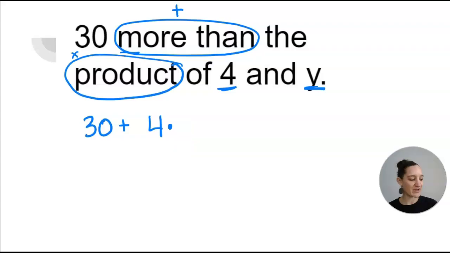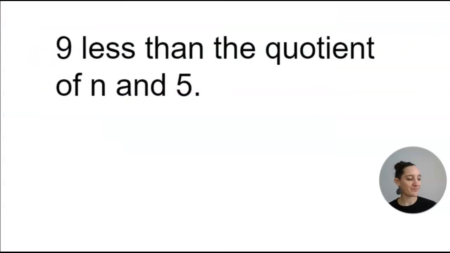So we could do that, or we could just go 4 times y. And if we want, we can use parentheses there to make sure that's times first. But because of order of operations, we already know we're going to multiply first. Either way, it is correct. This shows 30 more than the product of 4 and y.